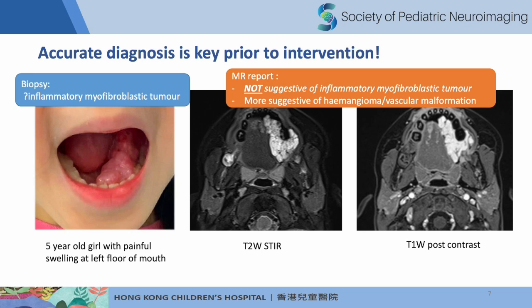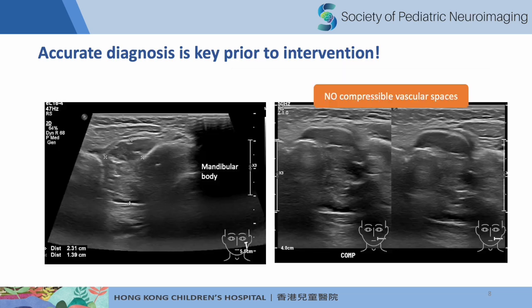Now, when there is an imaging clinical discordance, it's extremely important for the radiologist to examine the patient, him or herself. These lesions are mostly diagnosed on a clinical basis, and performing an ultrasound sometimes would also be extremely helpful in elucidating the vascular nature of these lesions.